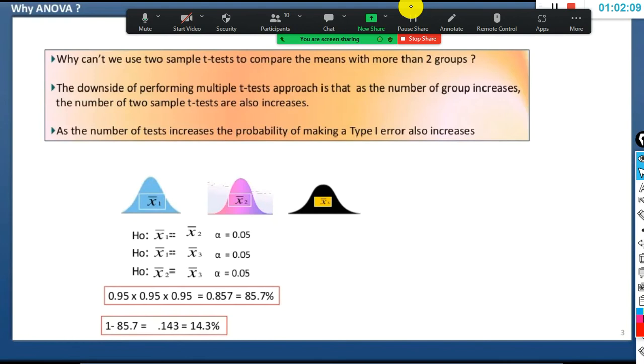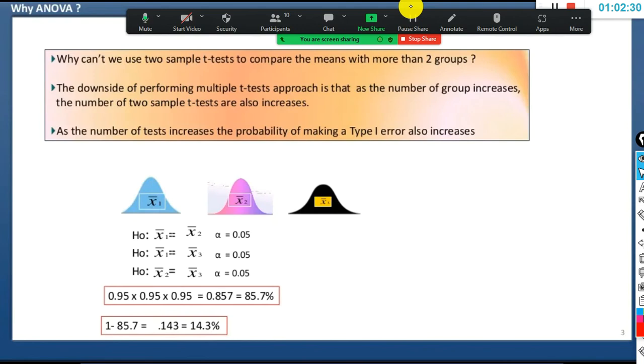For each test, you need to use alpha, isn't it? Without alpha, how can you run it? Since you are conducting 3 tests using two independent sample t-test, your confidence level goes down and your risk is increasing. 1 minus this value is your risk level.